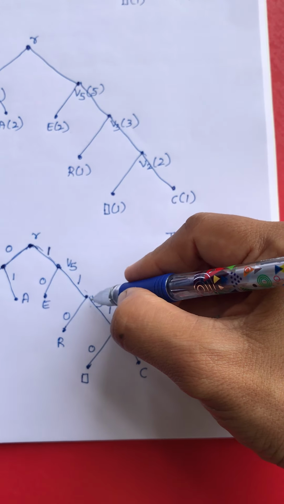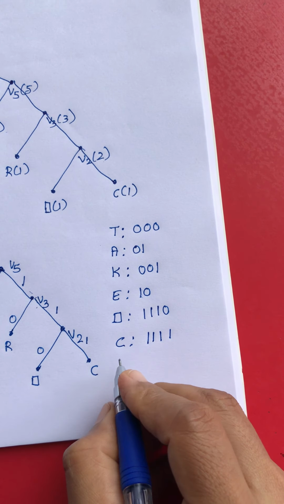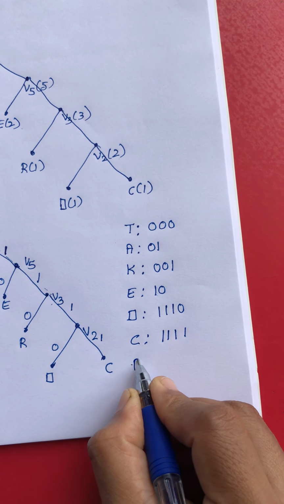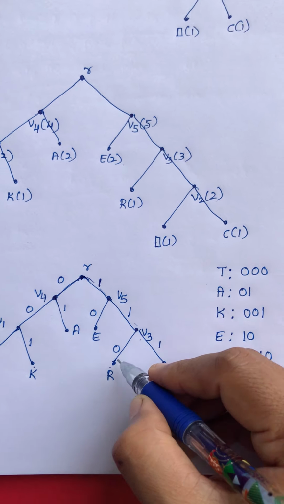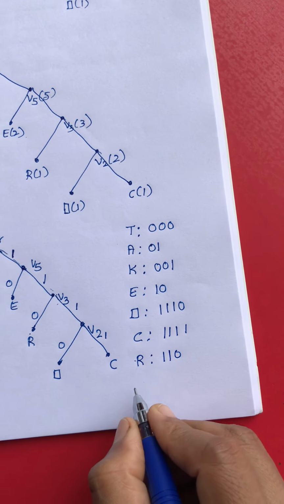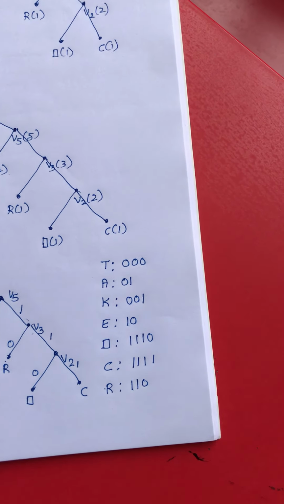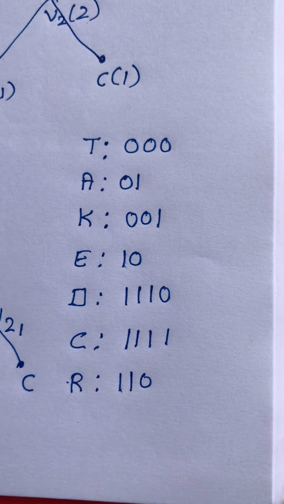It is 1, 1, 1, 1. Then A, which I have already written. Next comes R. R is here. So 1, 1, 0. Then E, but E we have already written. So these are the prefix codes for the letters involved in the given message.